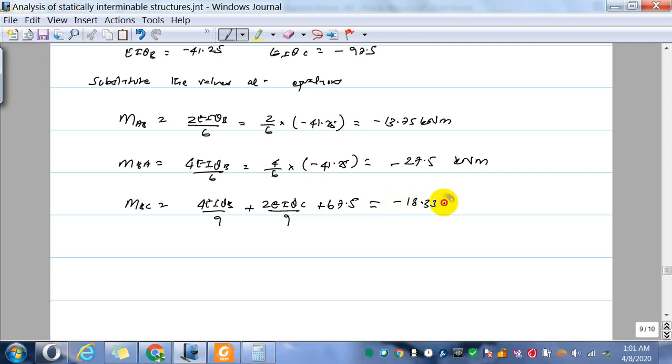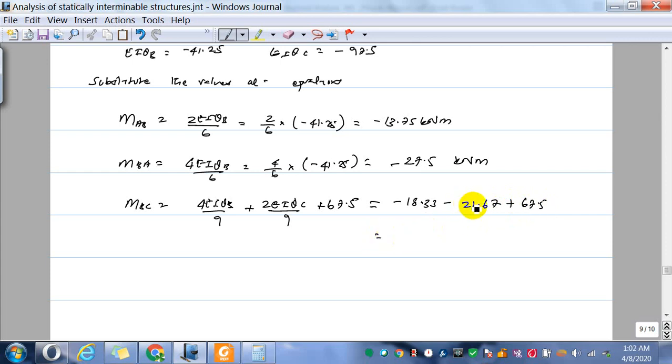18.33. Here minus EI theta C 97.5, so 2 into 97.5 divided by 9, so that is 21.67 plus 67.5.